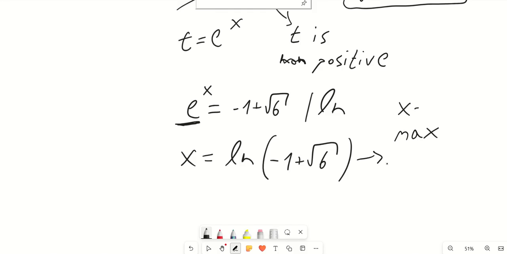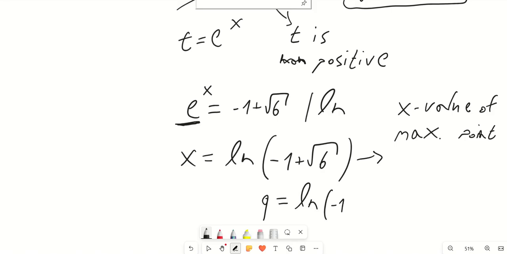It's the x value of the max point, because I got it from equalizing the derivative to 0, and I know from the graph that there are no other minimum or maximum points, and therefore this x value is simply the x value for the point Q. And this is the answer to D.